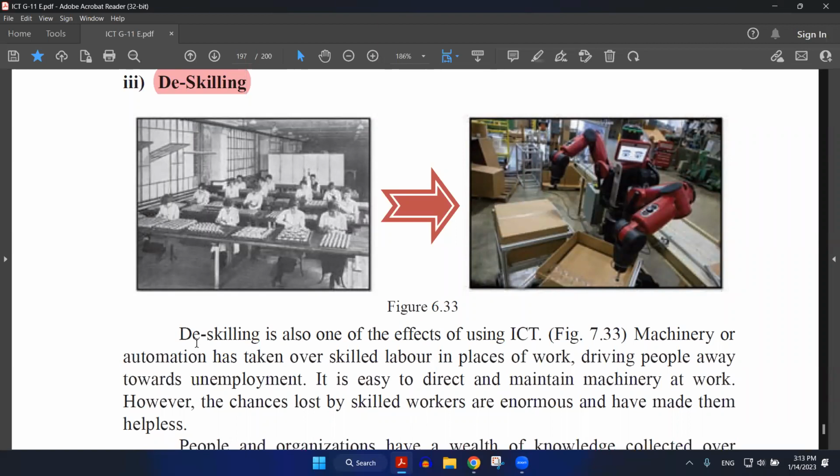So we talked about this last week. De-skilling means people are being replaced by machinery. The machines are there to do people's work. So the people who have the skill, developed over a period just because of practice, are going to lose it, right? This is what we call de-skilling. So we'll copy these things under de-skilling.